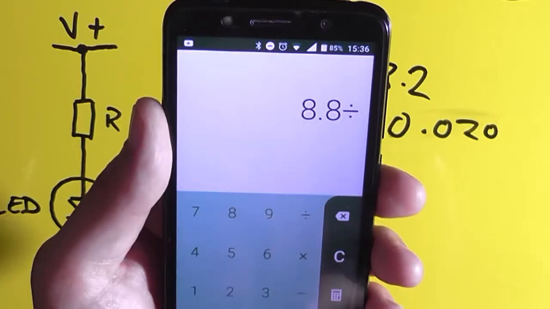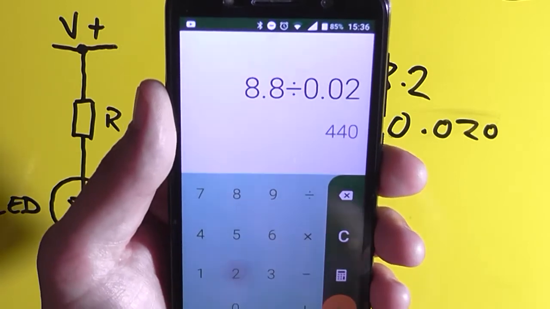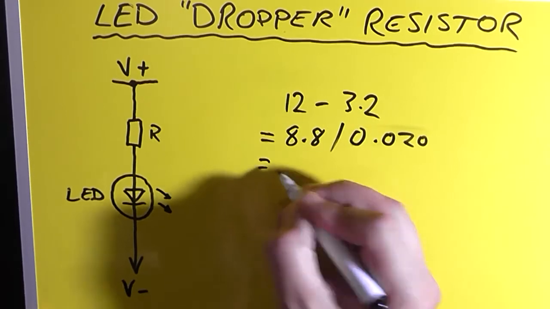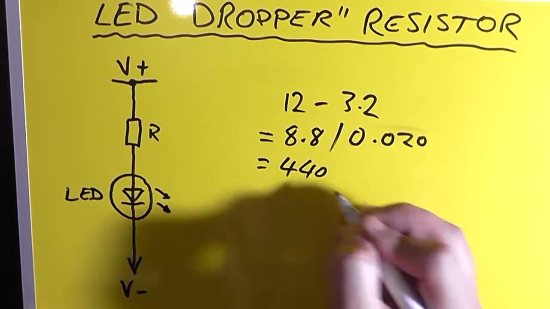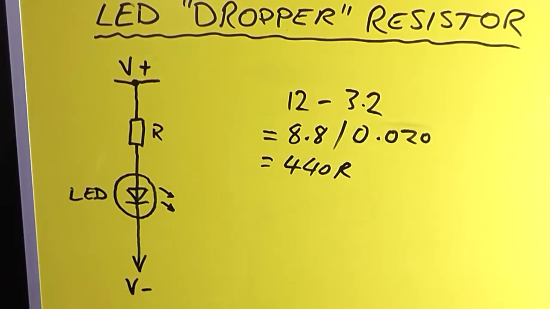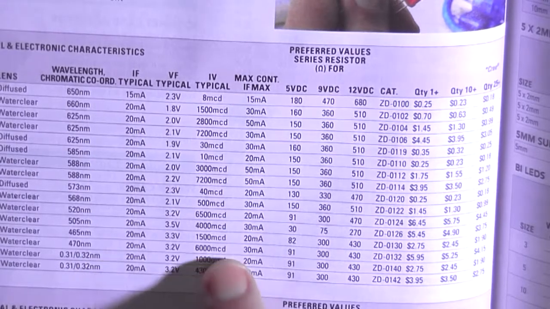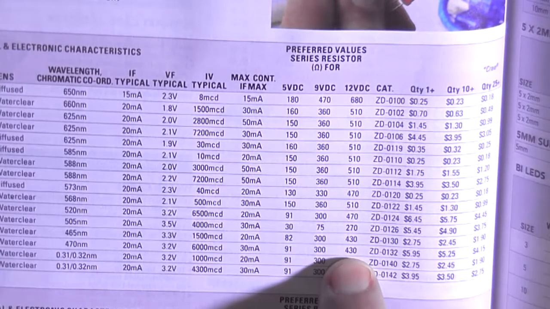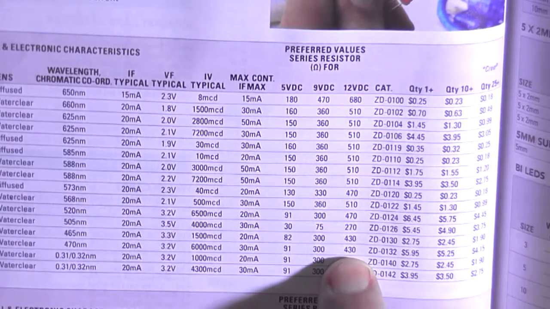So then we divide that by 0.02 and we get 440 ohm. So that equals 440 ohms. And the figure that we required, according to the JCAR catalogue, was 430. So it's not far off, the math works.